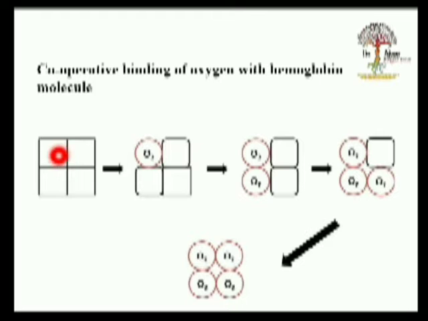When there is no oxygen molecule with the hemoglobin, this state is known as the taut state or T state. But when all four oxygen molecules remain bound with the hemoglobin, it is known as oxyhemoglobin, or this state is known as the R state or relaxed state.